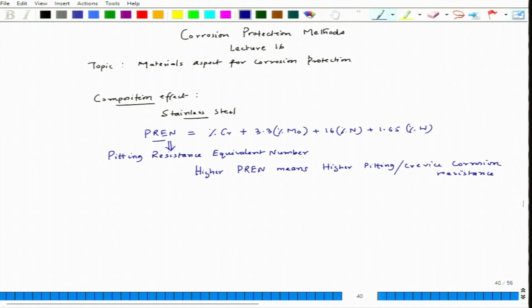And that is why we add a little molybdenum as well as nitrogen or tungsten to get a very good pitting resistance. Of course, chromium is always there.